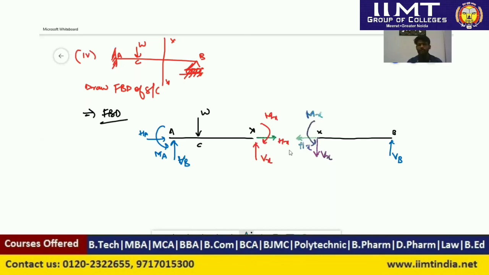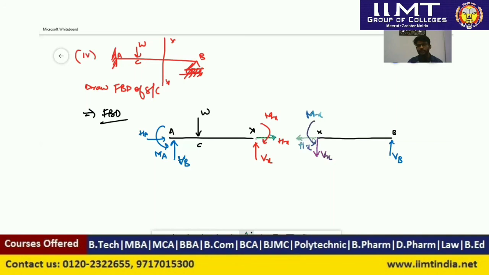Whenever we have to draw internal reactions at a particular section, these reactions should be drawn so that they are cancelling each other. See, the horizontal force HX direction is away from here.